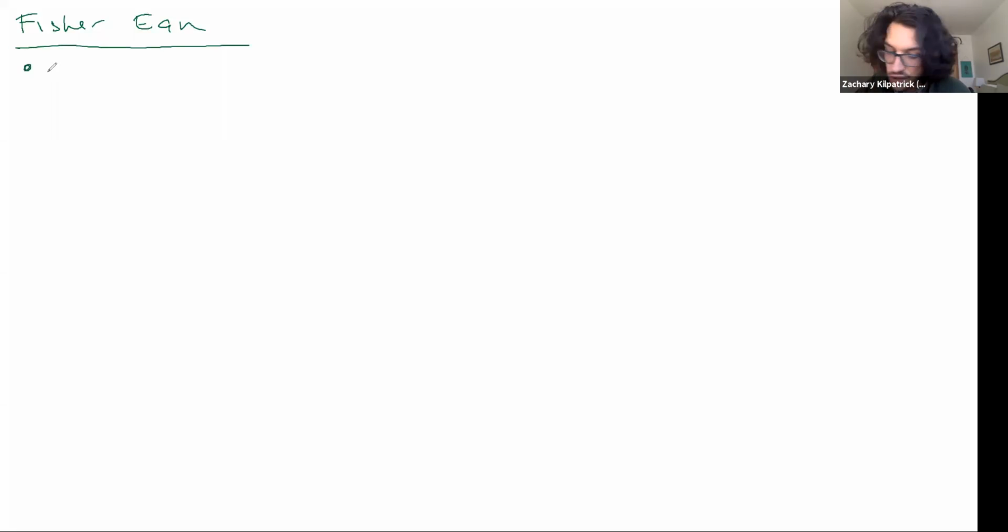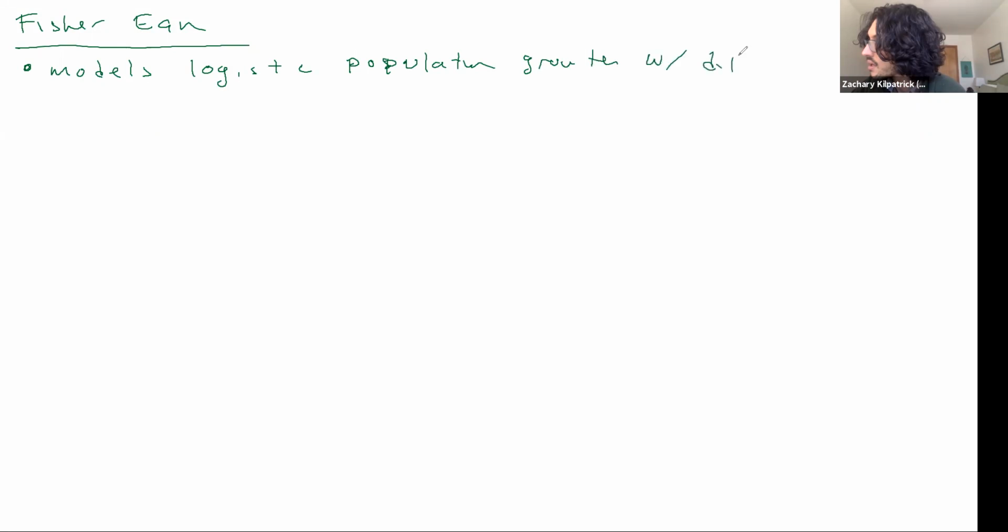So let's start with Fisher's equation. The idea with Fisher's equation is that it's supposed to model a combination of logistic population growth with diffusion.